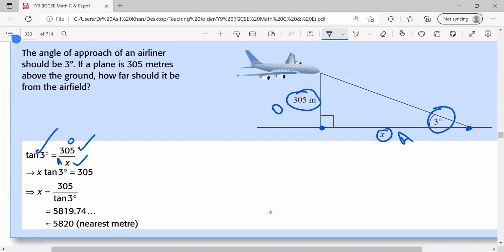Since tangent 3 degrees is multiplying with x, on the other side it will divide. So x is equal to 305 over tan of 3 degrees. Understand this condition? Feel free to ask.